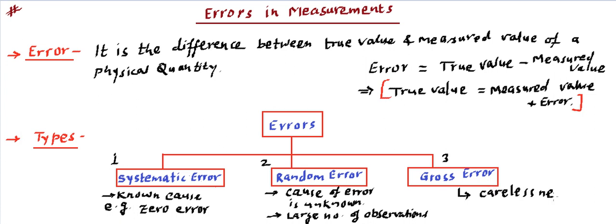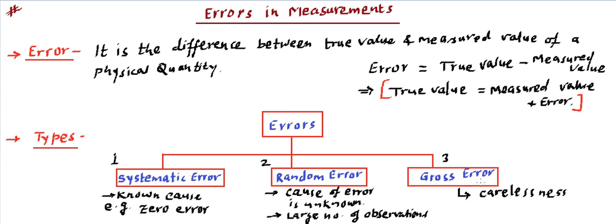So if some person is doing an experiment and is not sincere about taking the readings or doing the right calculations, one can introduce errors in the final result. If the errors come because of personal faultiness or not paying proper attention, that kind of error is known as gross error.